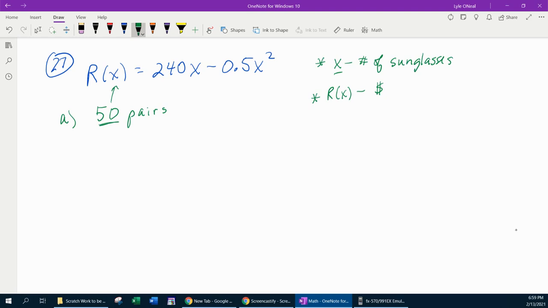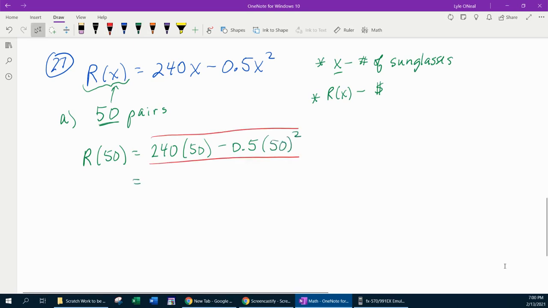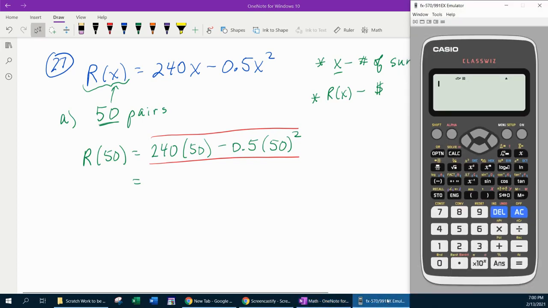And I'm going to be calculating R of x, or in this case, R of 50, and whatever I get will be the revenue. So that'll be 240 times 50 minus 0.5 times 50 squared. And I'm going to use my handy dandy calculator for that.